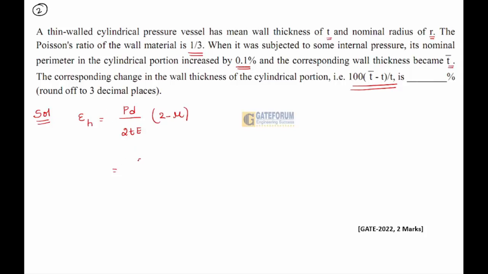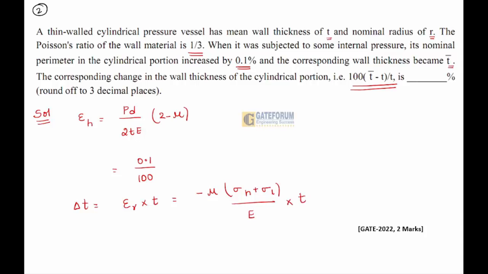By 0.1 by 100, because 0.1 percentage is given. Change in thickness delta T will be equal to epsilon R into T. This formula is directly minus mu times hoop stress plus longitudinal stress, by Young's modulus, into T.